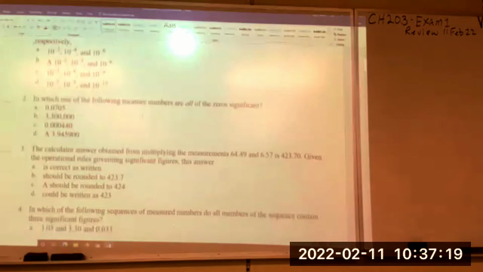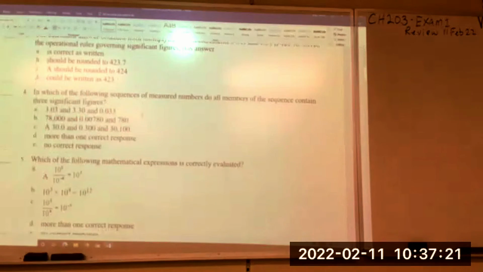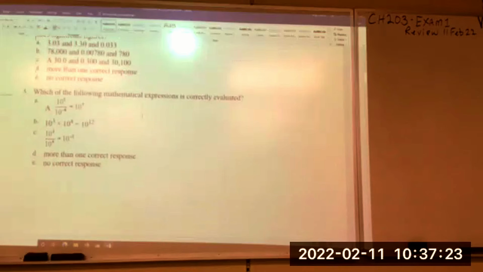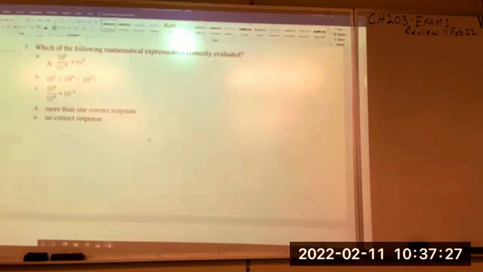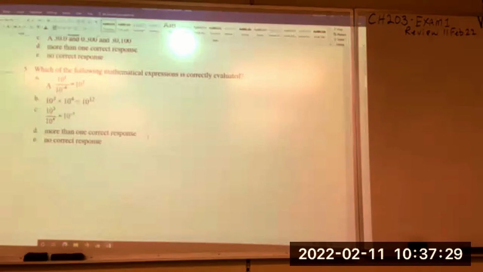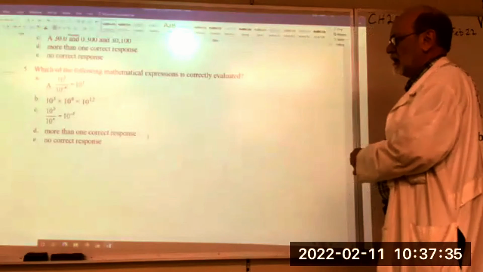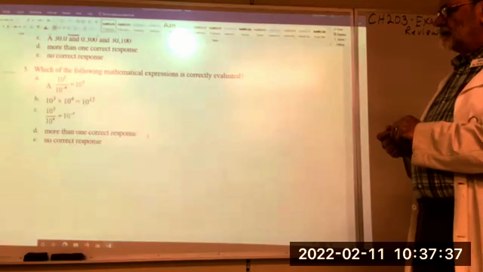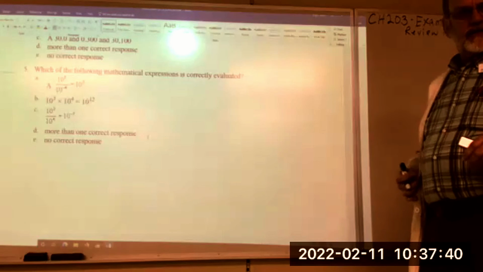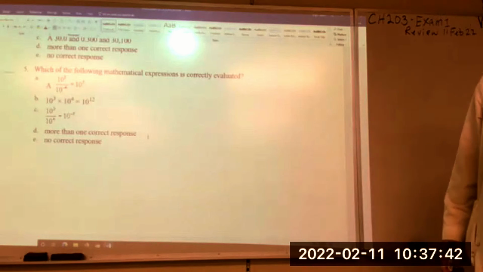Okay, measurements, significant figures. Maybe we'll look at a few of these. Which of the following mathematical expressions is correctly evaluated? All right, so I didn't give you guys that math quiz.